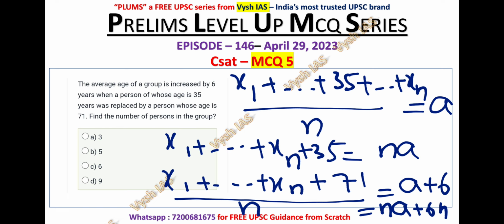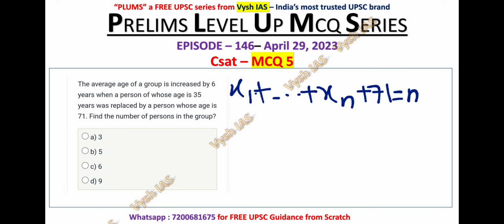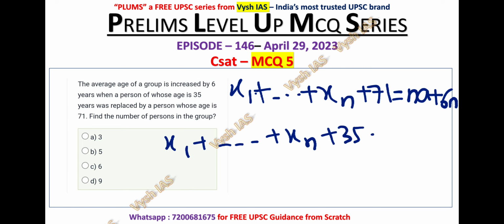So let me write this equation once again. We have x1 and so on till xn plus 71 equal to na plus 6n, and we know that x1 and so on till xn plus 35 is equal to na.